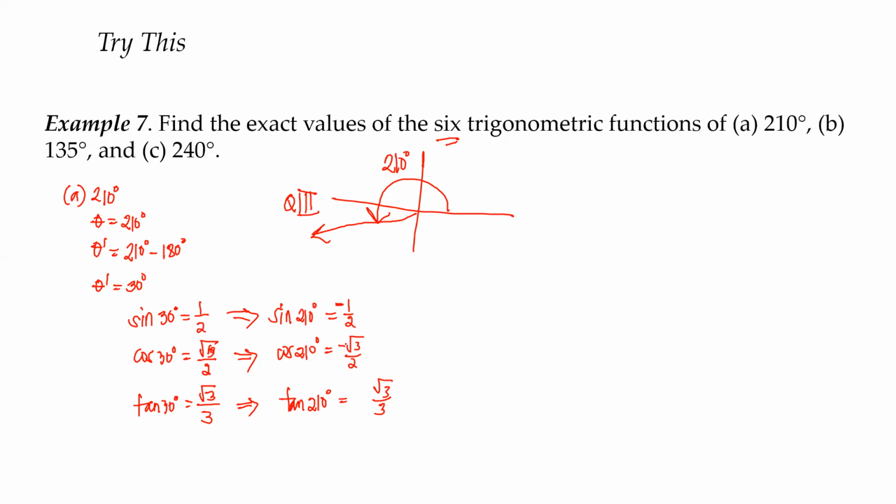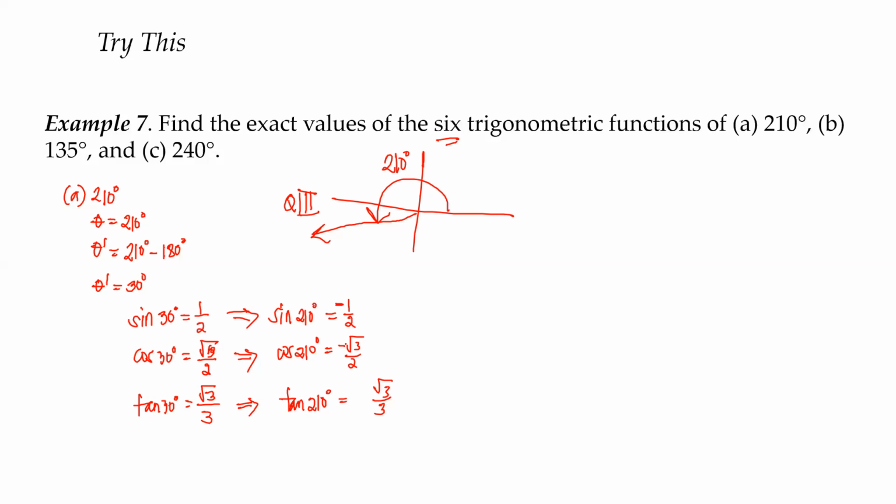Now, if you want to check, you can always press sine 30, and that is 0.5. But if you input sine 210, you will have negative 0.5. If you input cosine 30, of course, positive 0.866025403. But if you input cosine of 210, that is negative 0.866025403.